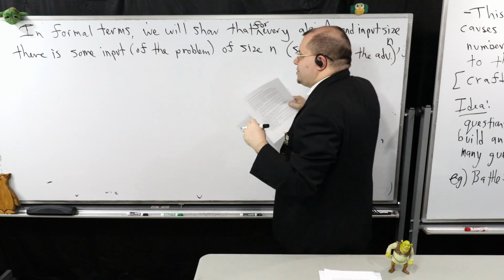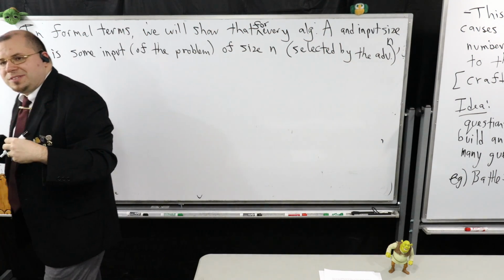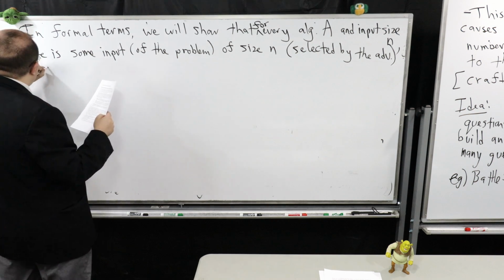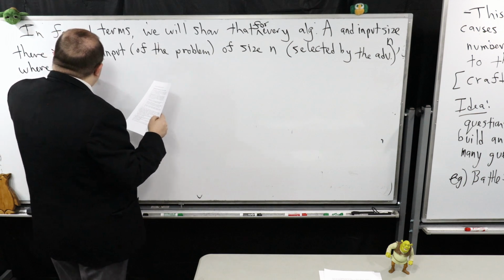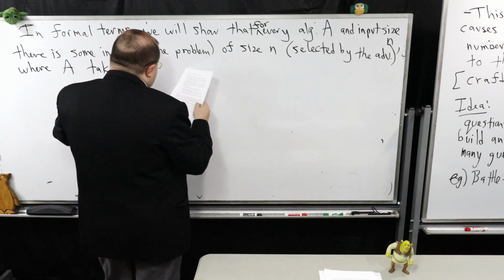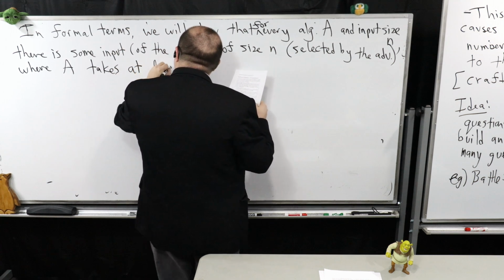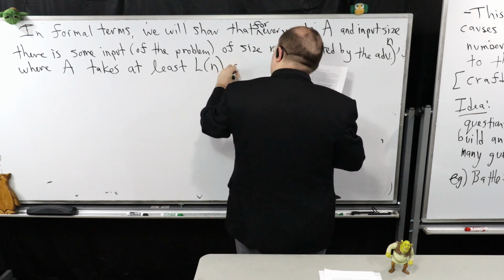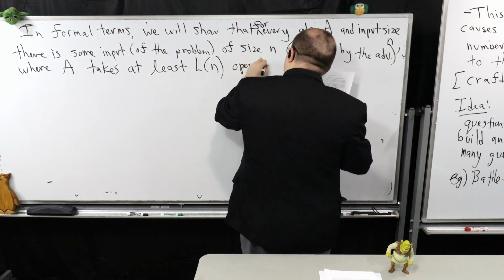I'll abbreviate adversary with ADV just for the sake of brevity, where A takes at least L of n operations. I'm going to insert the word for, my apologies. It's very unusual for me to have to do that.